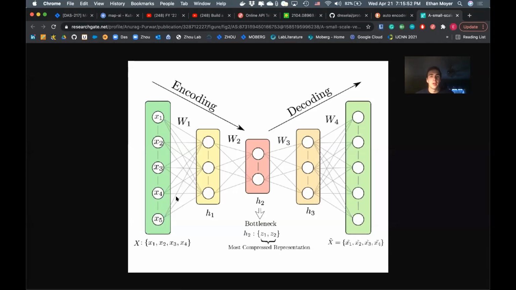autoencoder. So the idea is that you're taking some input X and you're compressing the space that it's allowed to be represented by. So we're taking R5 and we're squishing it down to R2. So you're taking 5 features, and then in this latent representation, you can visualize this in 2D space. And then you're trying to build that back up to R5.